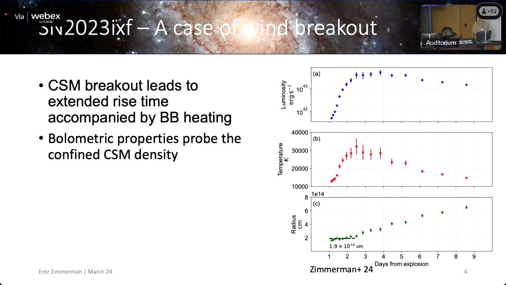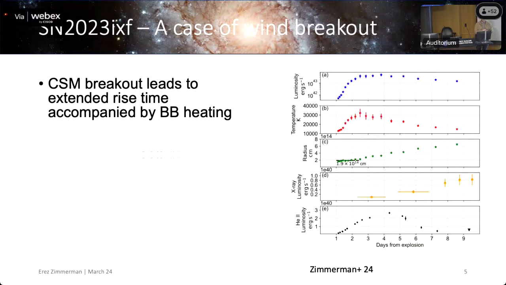And with these bolometric properties, we can actually probe the mass in the confined shell of the CSM. We can say by the luminosity how much mass we have in this confined CSM, which can probe the mass loss as well if you take into account the extent and the shock velocity of the supernova.